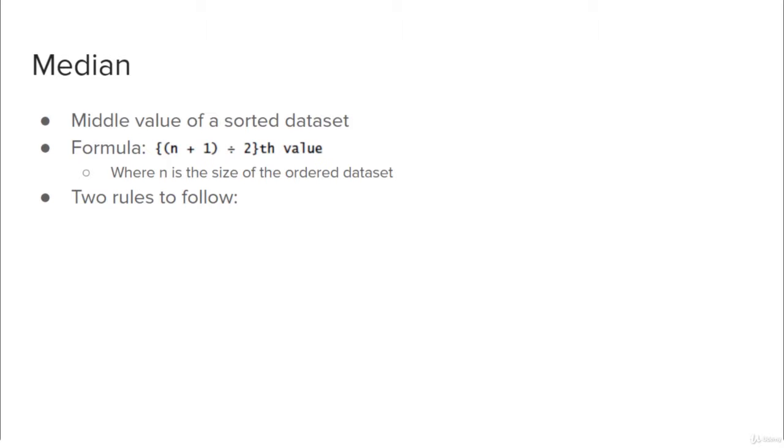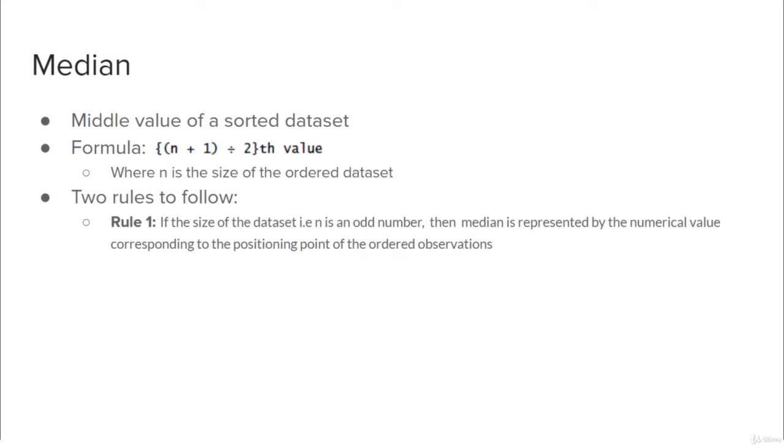Whenever we apply the median formula, there are two rules to follow. The first rule is that if n is an odd number, then the median is the numerical value corresponding to the position the formula gives. We're going to study an example, but the important thing to remember is that when n is an odd number and you put that n in the formula, the answer you get points directly to the value that is the median in the dataset.